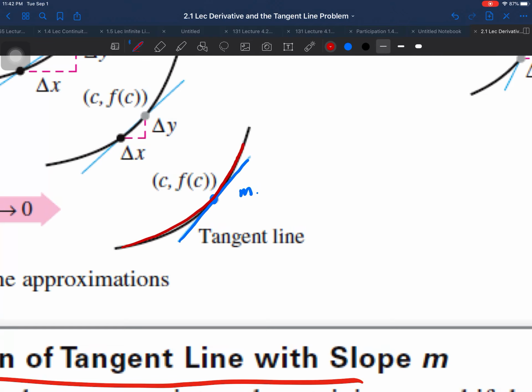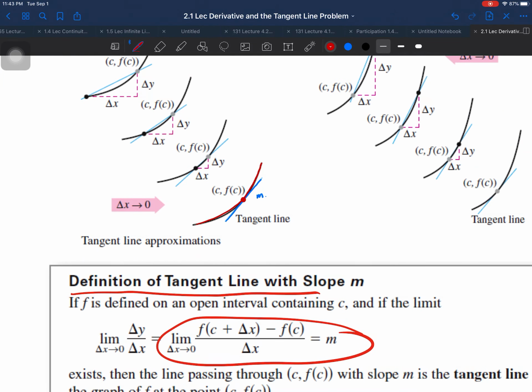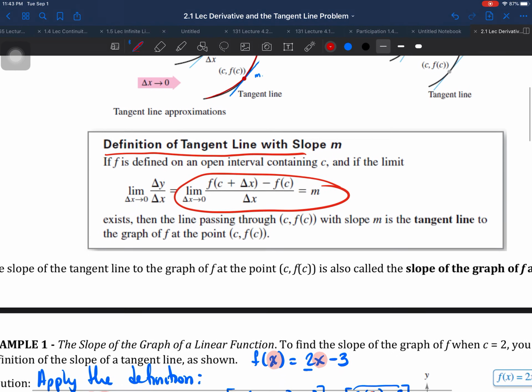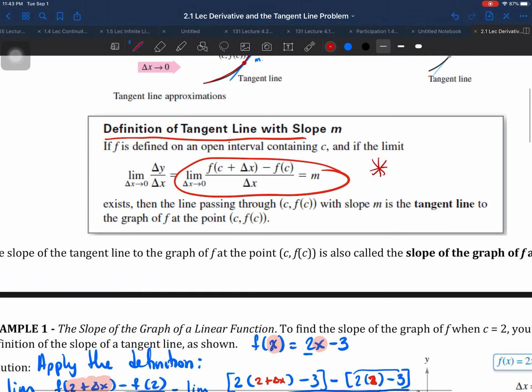At that instant, those two have the same slope, and that's amazing. That's the main thing about calculus, and we're going to define that more formally later on. But right now, let's think about how we can use this.